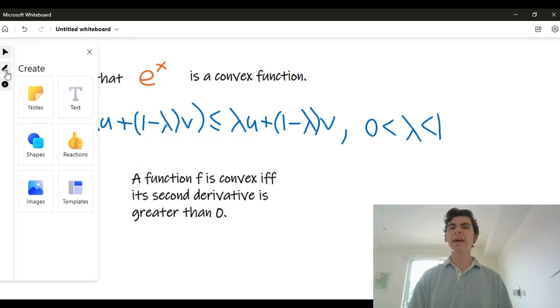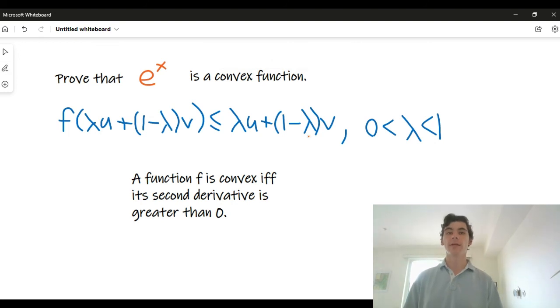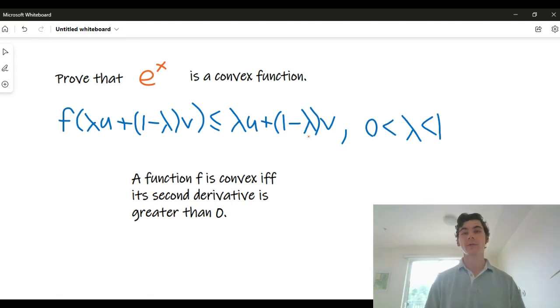And this is a semi-difficult analysis proof. You can try it for yourself if you want. You have to use certain expressions involving the second derivative and then something called the Taylor expansion for the second derivative. So we're not going to get into that here.